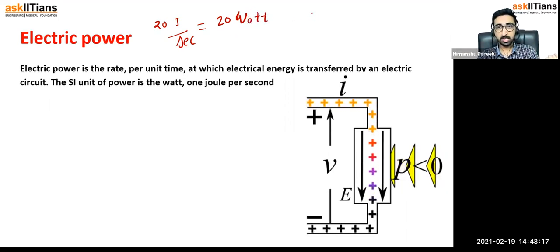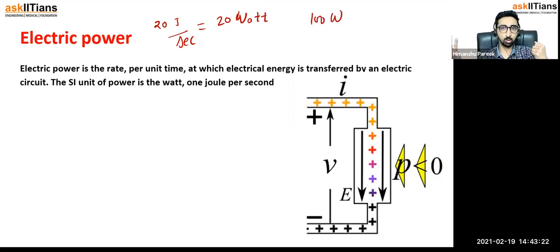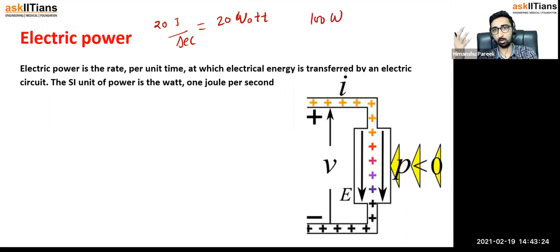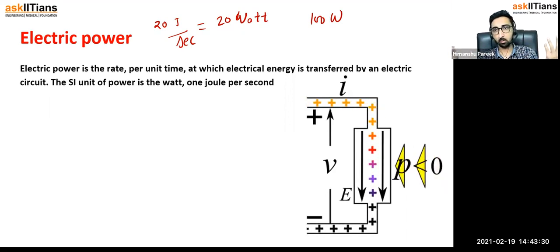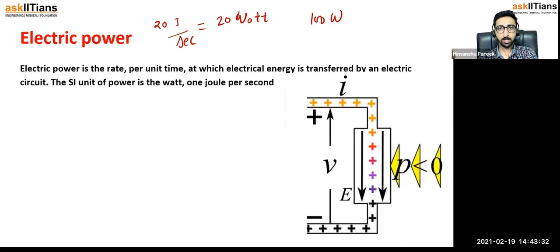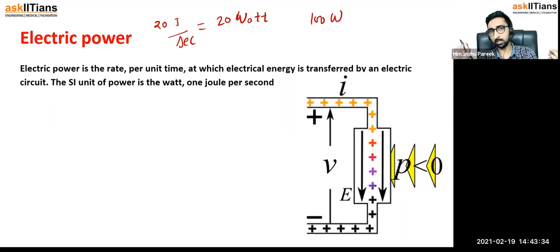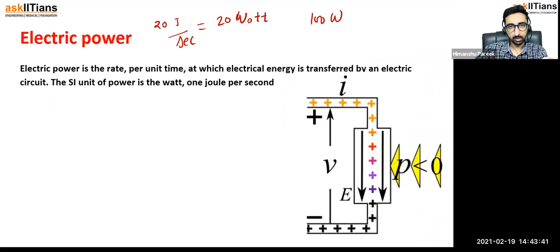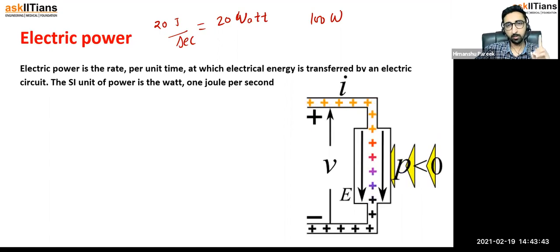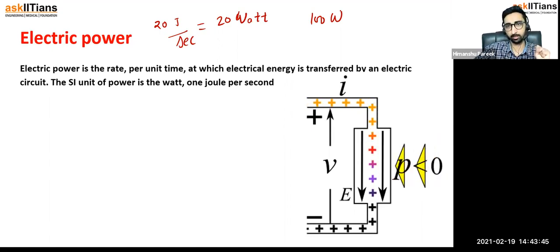Or if somebody says that a bulb is having wattage 100 watt, like normally we have seen those bulbs, 100 watt bulb, 40 watt, 60 watt, 30 watt, 400 watt heater. So what does it mean exactly? It means that if a 100 watt bulb is there, it will consume 100 joules per second of energy. In 1 second, if you light the bulb, it will be consuming 100 joules of energy.